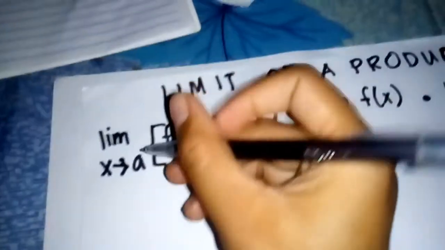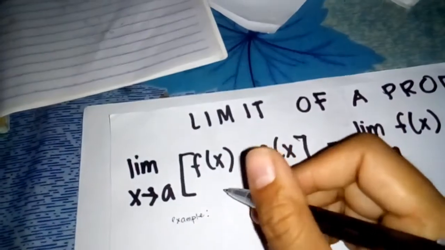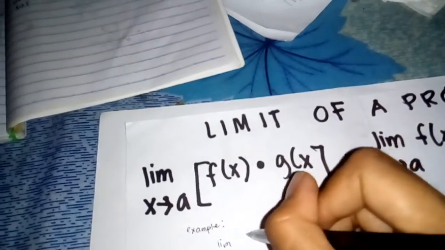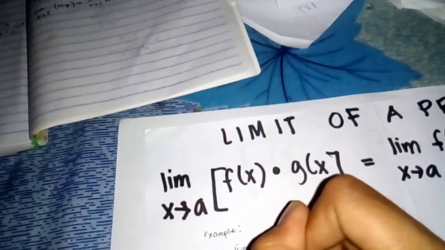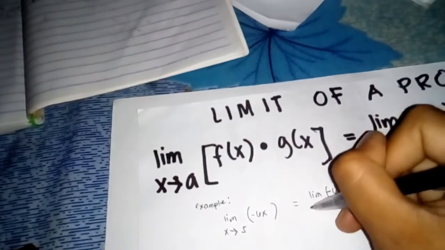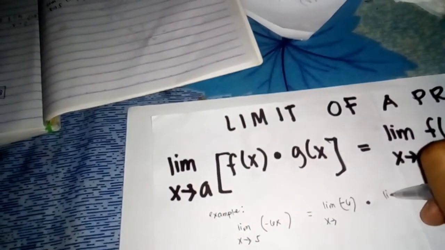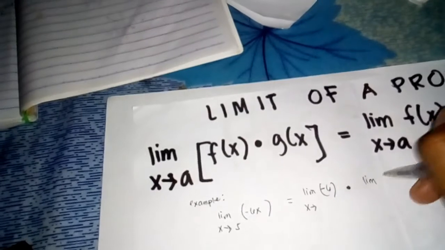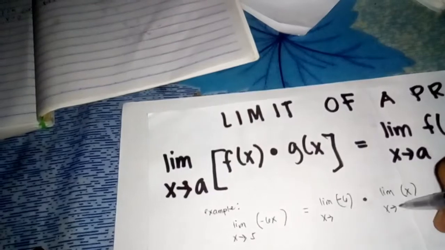For example, the limit of negative 6x as x approaches 5 is equal to the limit of negative 6 as x approaches 5 times the limit of x as x approaches 5.